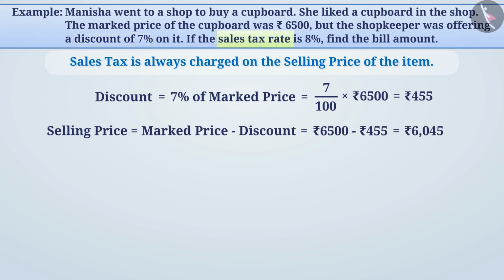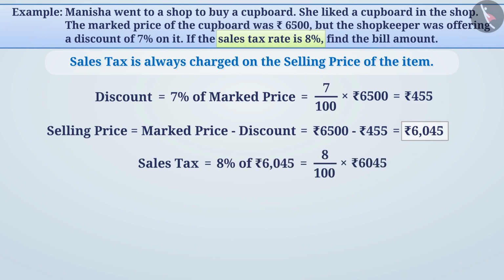Since the sales tax of 8% is applicable on the selling price of rupees 6,045, sales tax is equal to 8% of 6,045 rupees, which is 8 divided by 100 multiplied by 6,045 rupees, equal to 483.60 rupees.